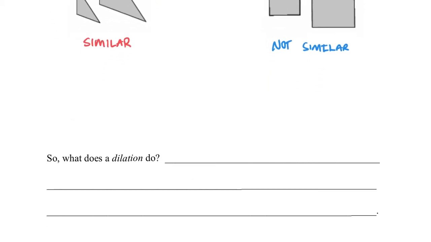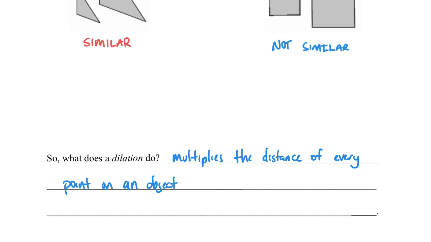So what does a dilation do? A dilation essentially multiplies the distance of every point on an object from some center by a scale factor.